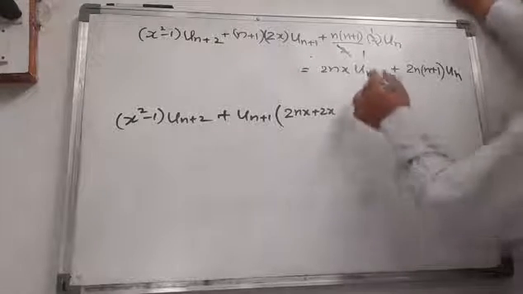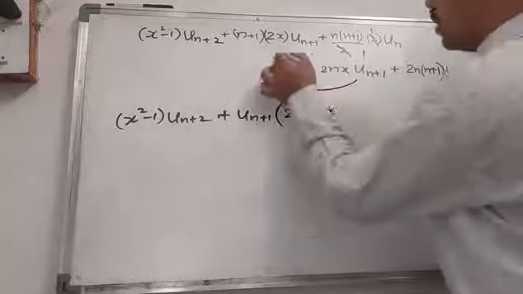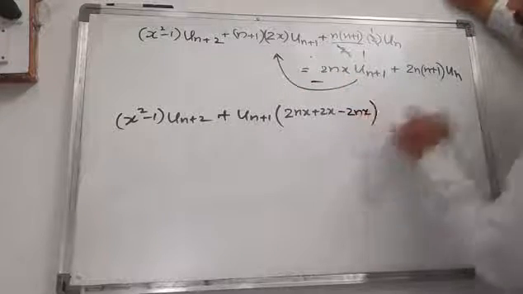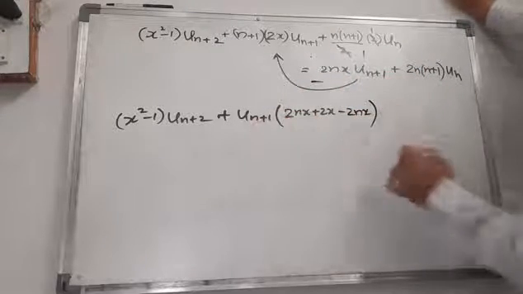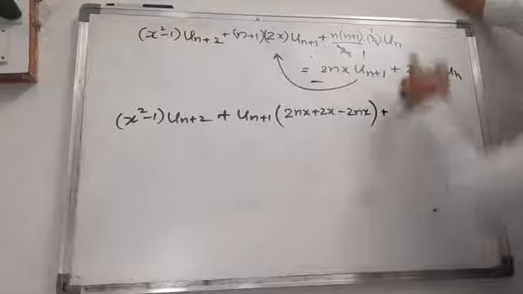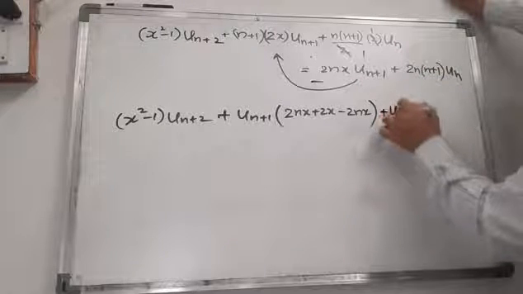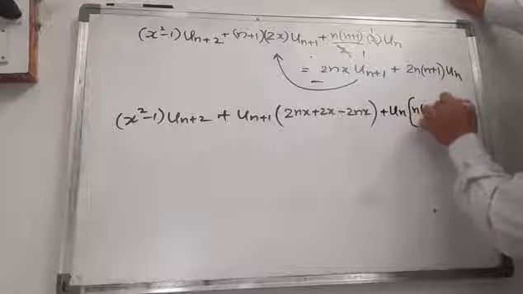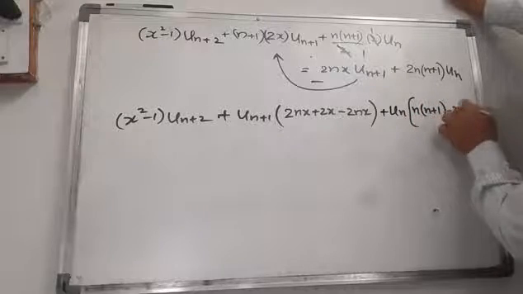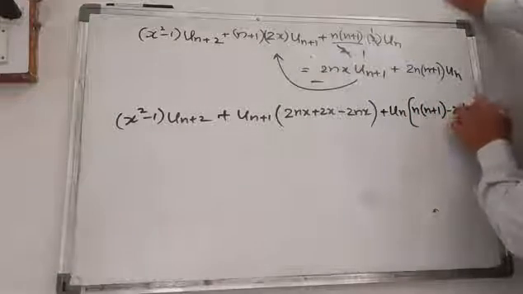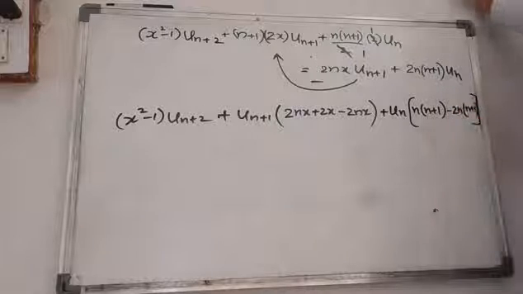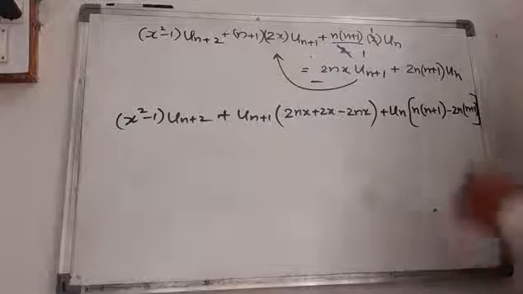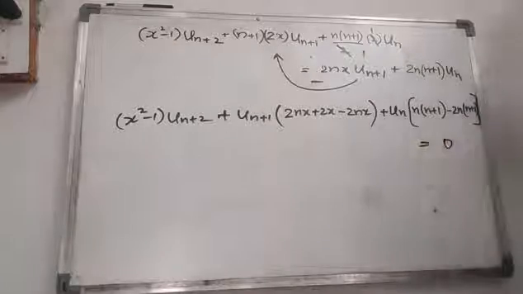We are taking this one to that side, no? We are bringing this one to this side, so this becomes minus. So minus 2nx, u_(n+1) is common here, plus again u_n you can take common, u_n of n into (n plus 1) minus 2n into (n plus 1), u_n is common here, is equal to 0.